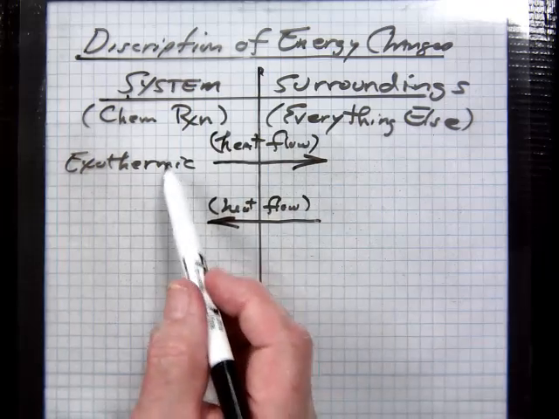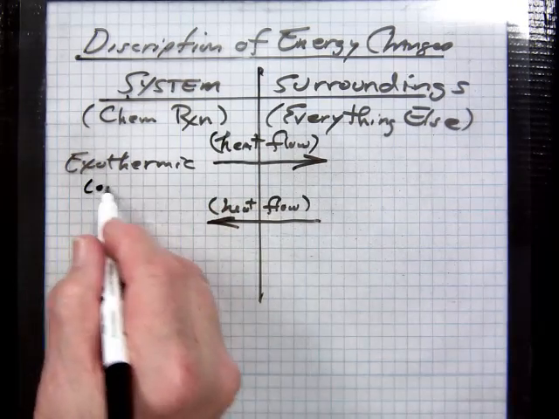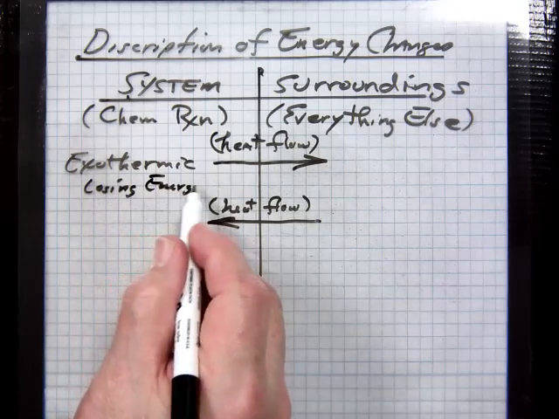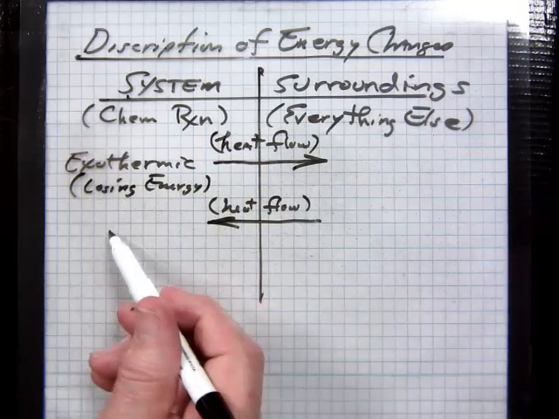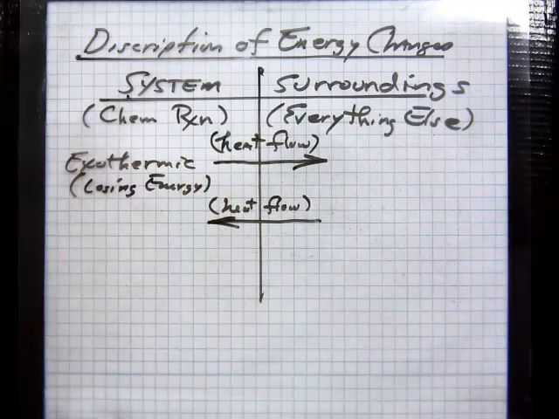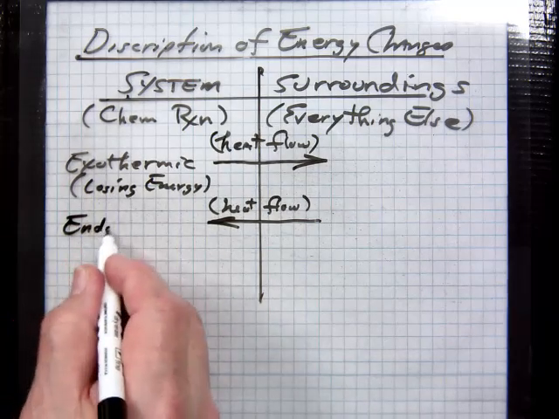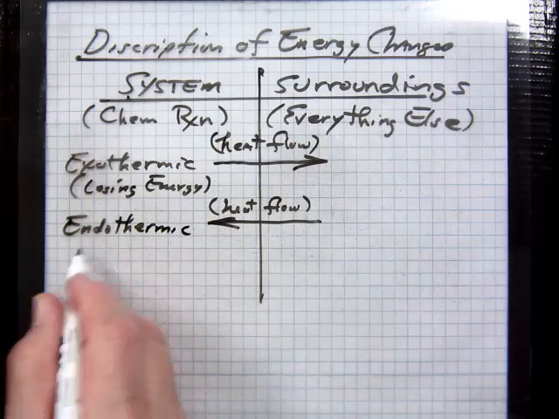And that exothermic is with respect to the system losing energy. However, if energy is being absorbed by the system, it's gaining in energy, and we call that an endothermic process. And that's gaining energy.